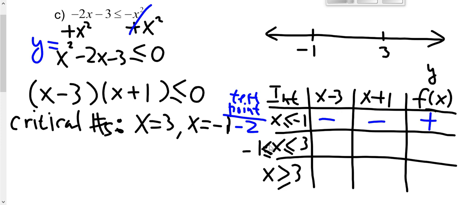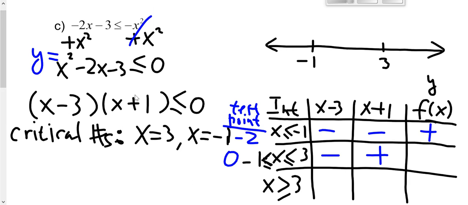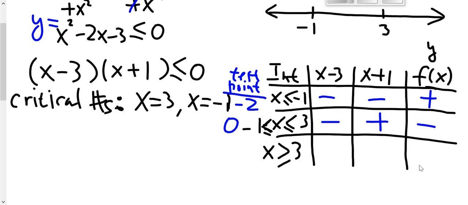Okay, next, pick a number between -1 and 3. I know you will pick 0. Okay, plug in 0 for x here. This factor would become a negative number. Plug in 0 here for x. The factor would become positive. And then negative times positive gives you negative.